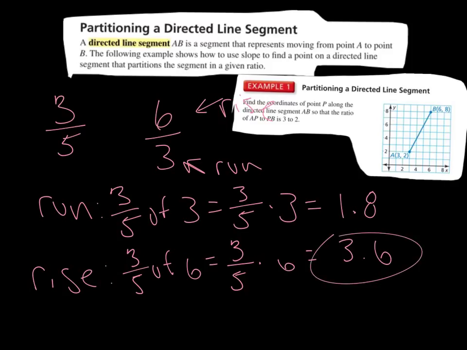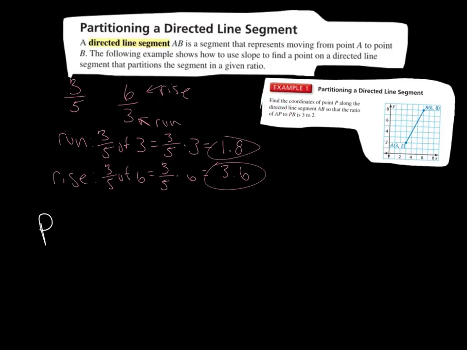So these numbers right here are important. We're basically going to do something to the A value. I want to move this X value, and I want to add 1.8 to it. And then I want to add 3.6 to the Y value. If we want to find our P value, we know that we're going to add something to our X value of the A. So the 3, that's where this 3 came from, was from this point right here.